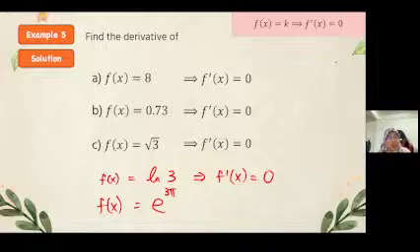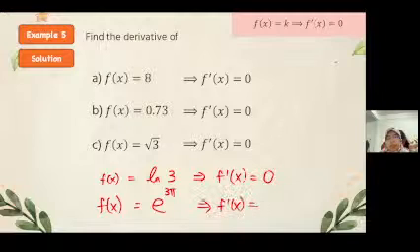So exponent or Euler number e to the power of 3 pi. So everything is just a constant. e is actually a constant which is called the Euler number. So that means everything is a constant. Therefore, if you take the derivative for them, f'(x), they should be equal to 0. They are definitely 0 because everything is just a constant. Differentiate a constant, you are going to get 0.